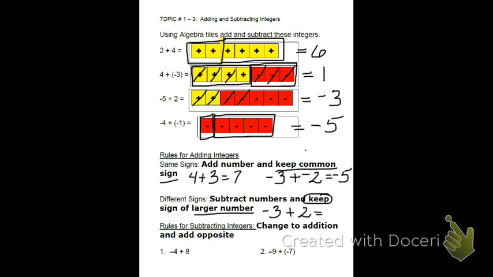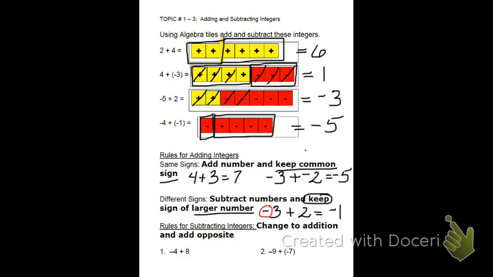So you're going to get a 1 when you subtract 2 from 3. Keeping the sign of the larger number is denoted with this: 3 is your larger number, so the sign is going to be negative. But that's just looking at the rules and not using an algebra tile.